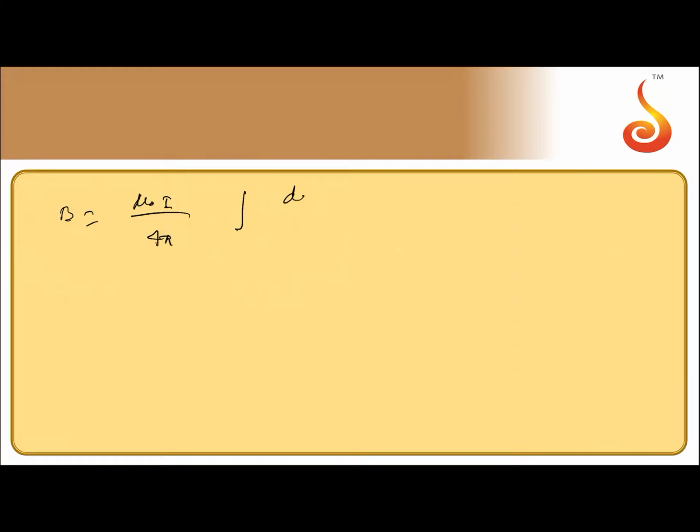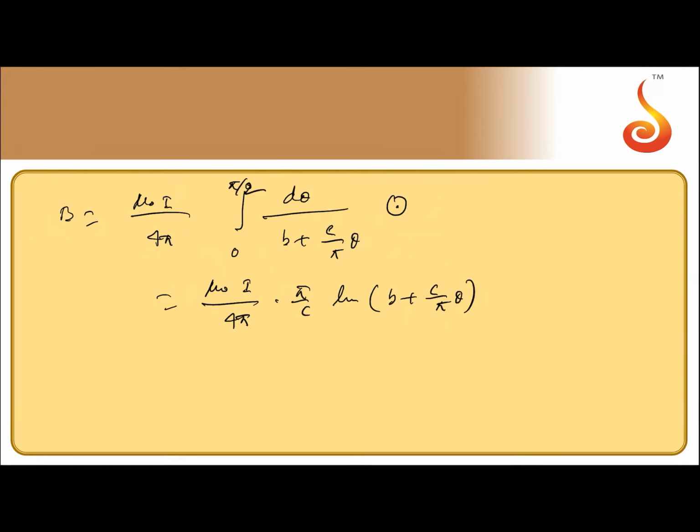So this B will be equal to mu naught I by 4 pi integral d theta by r, where r is b plus c by pi into theta, in this direction. So this will be 0 to pi by 2. So this will be mu naught I by 4 pi by c log of b plus c by pi into theta, from 0 to pi by 2.